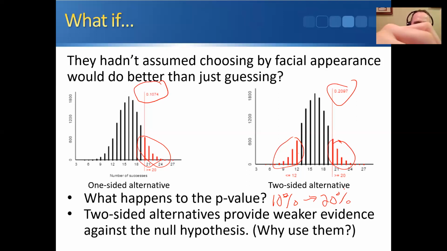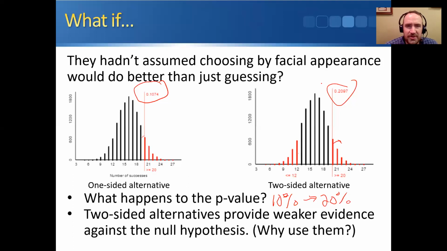So a two-sided test, all else remaining the same, will always give you a p-value that's weaker because it will be doubled. Now, it might not cross one of those borders, like if your p-value was originally 2% and it doubles to 4%, it might still stay in that strong evidence range, but it's still a little bit weaker evidence when it's 4% rather than 2%.